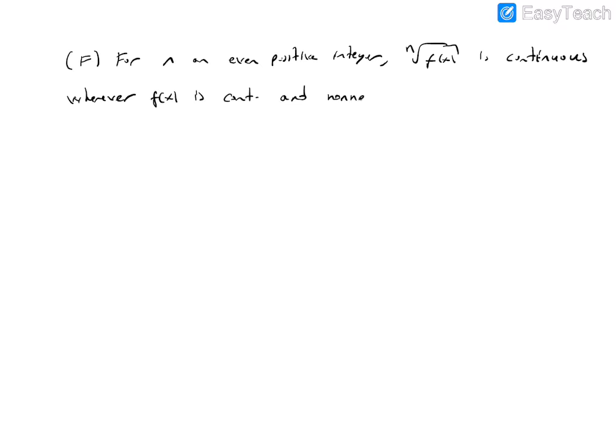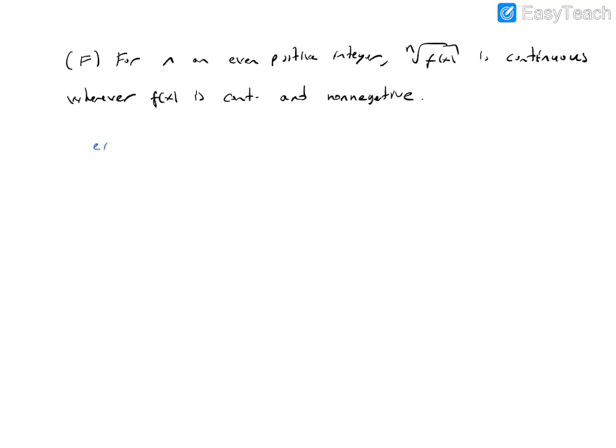Why does it have to be non-negative? Because if n is an even number, for example 2, the square root of minus 2 is not defined, or the fourth root of minus 2 is not defined.